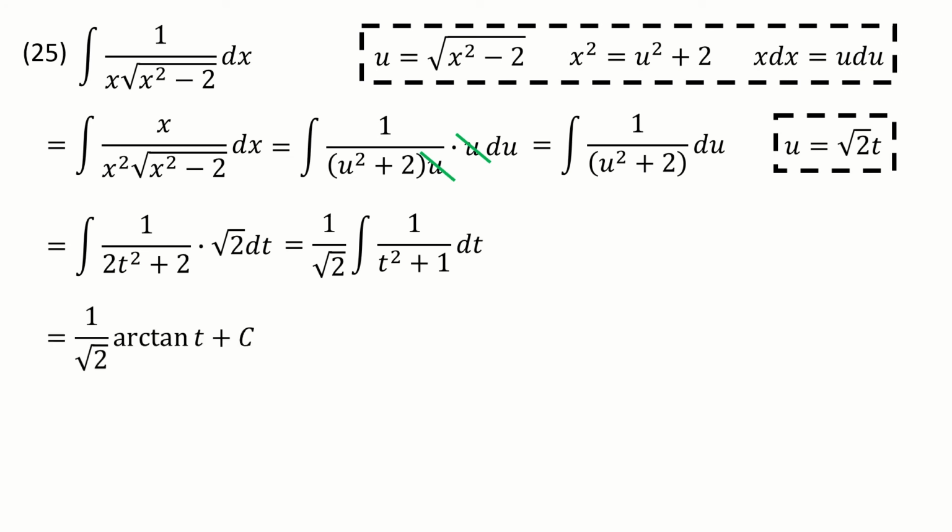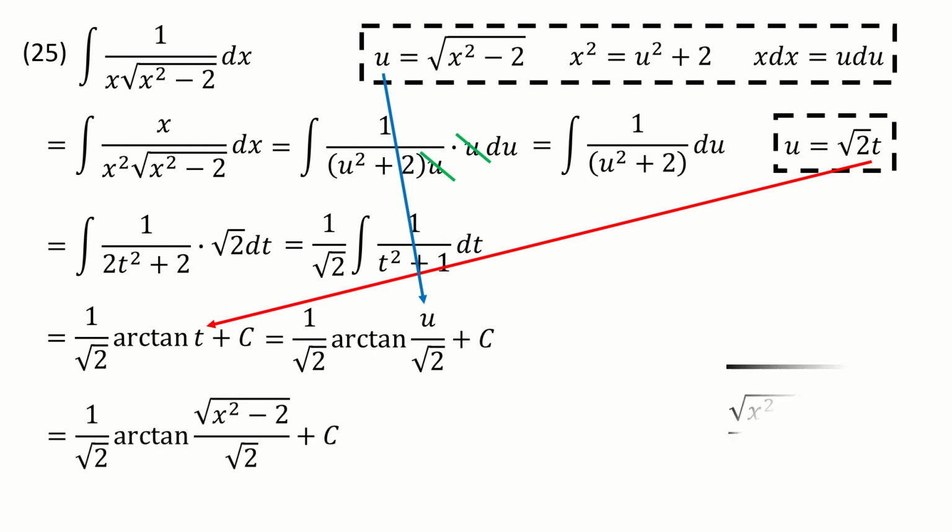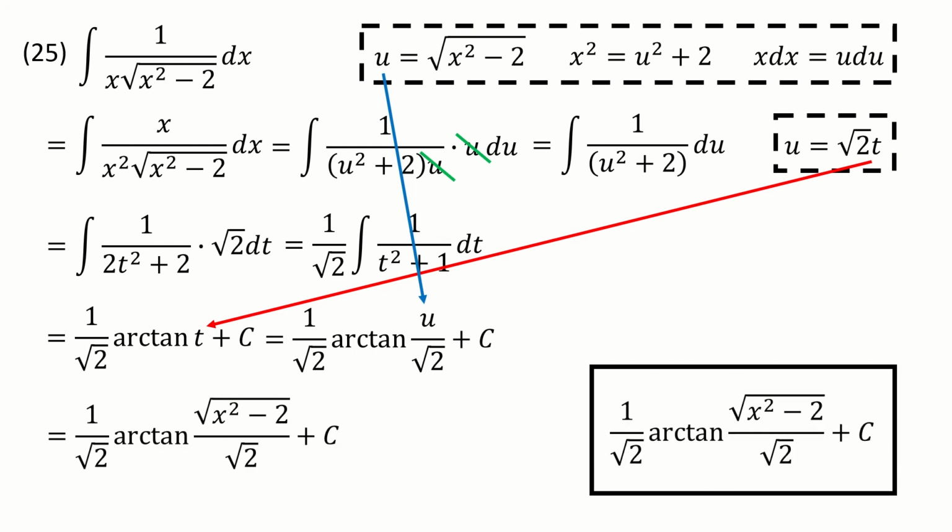The antiderivative is arctangent t. Then we replace t with u divided by square root 2. And finally, we plug in u equals square root of x squared minus 2. So we got here. And here is our final answer.